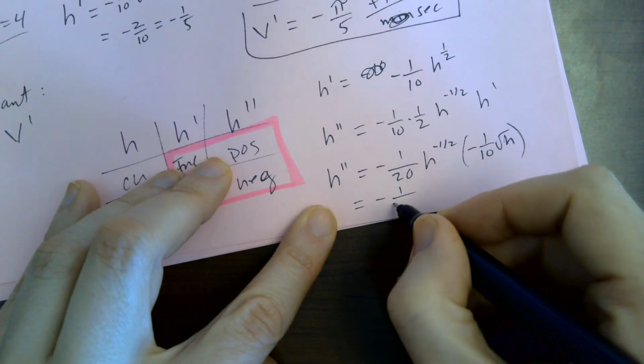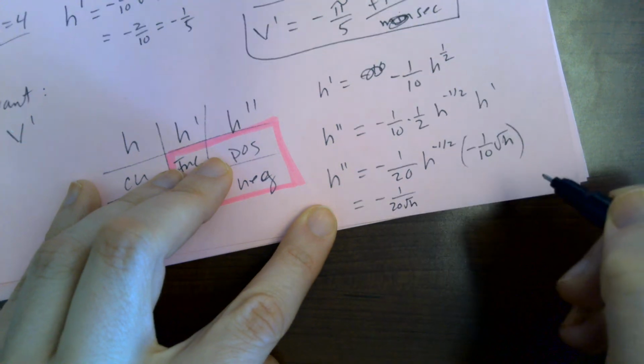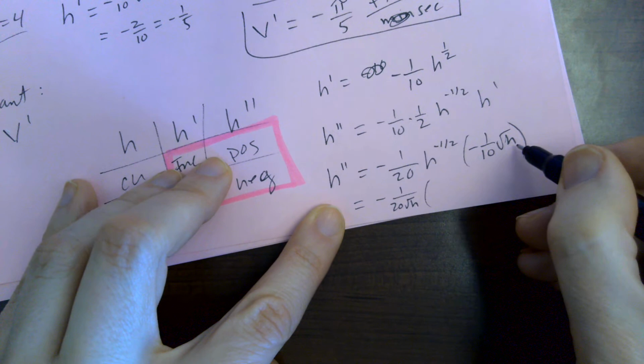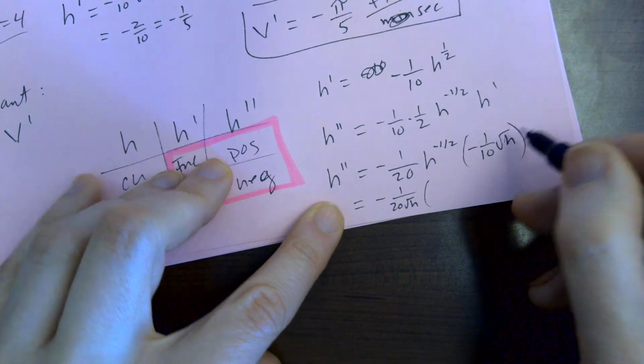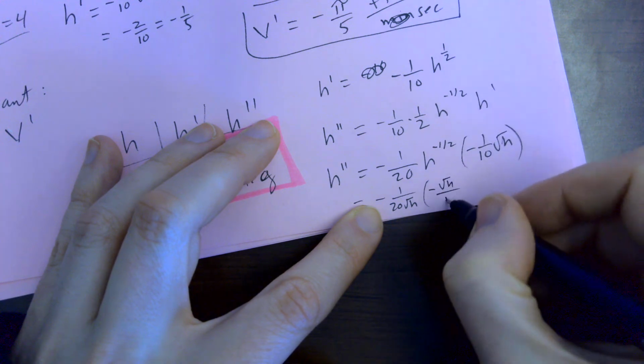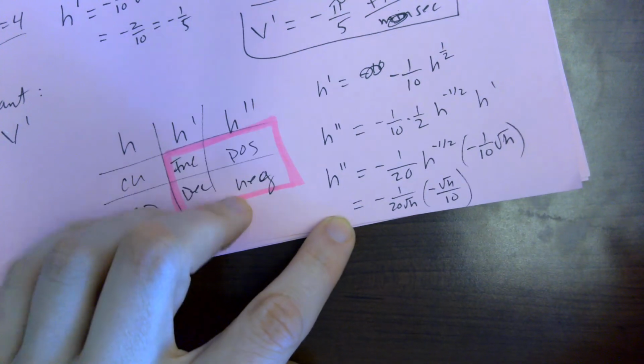That's negative 1/20 radical H, and this radical H is actually on top. So you could even express that as negative radical H over 10 if you wanted.